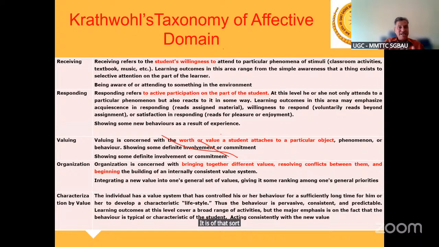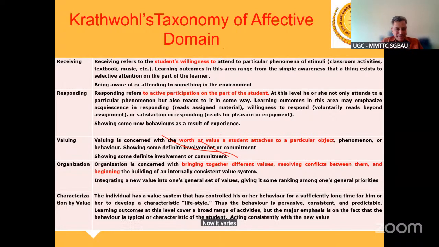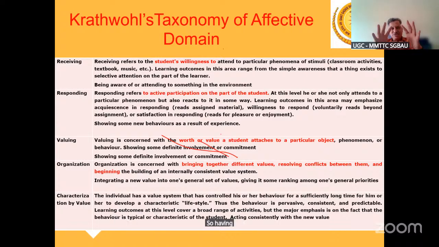Valuing is concerned with the worth or value a student attaches to a particular object. Now it varies from student to student. Then you have organization, which is concerned with bringing together different values, resolving conflicts, and so on. So this is Krathwohl's affective domain taxonomy.